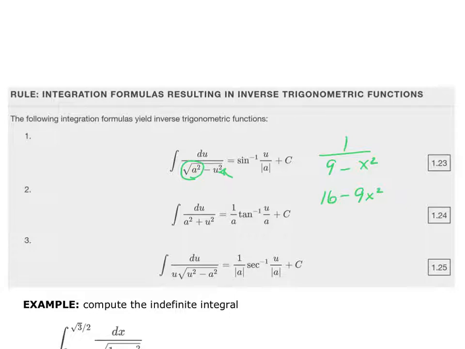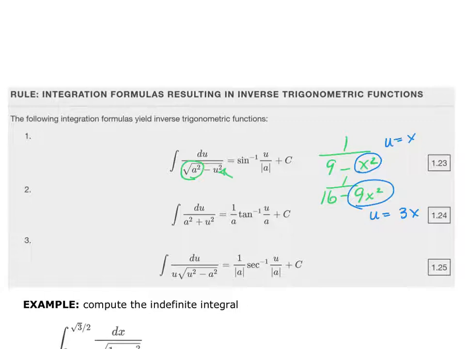Now notice for this one, the difference between these two isn't just because I'm using a 16 first, but the real difference is that this u would have been x. This u would have been 3x.